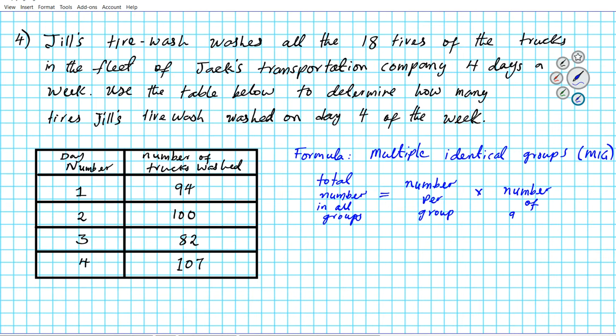Okay? So remember, the deal here is that the groups have to be identical, because if you're adding the same number over and over again, repeated addition is multiplication. So instead of adding the same number over and over again, you just count how many times you're going to be adding that number, and then just multiply by that, and you're done. Okay? So that's the reasoning behind this formula.